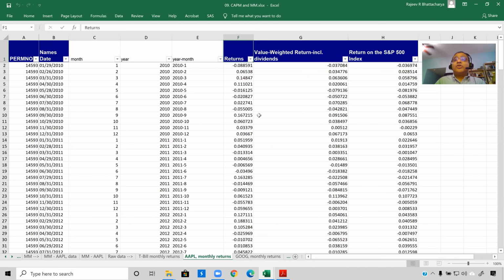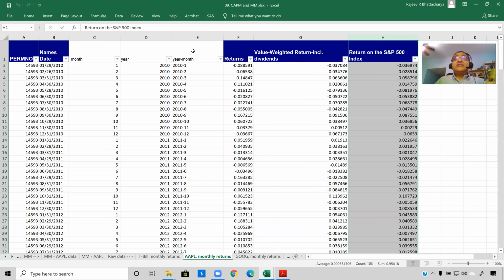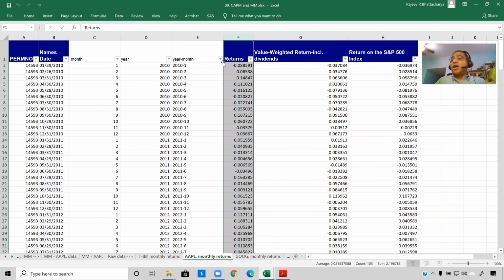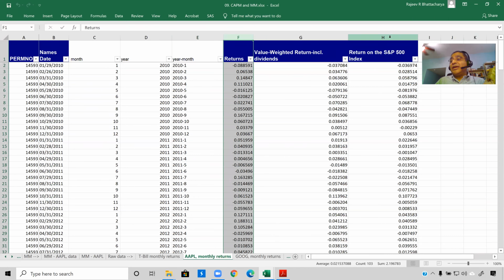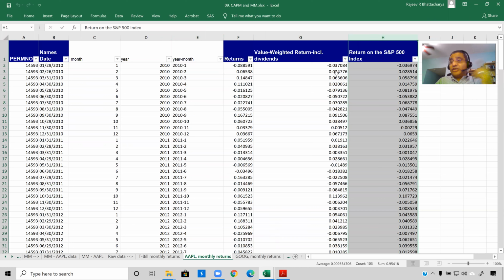You have to give it the number in terms of first column, second column, third column, fourth column, and so on. So in this case, for Apple's monthly returns, you need column number 2. If you wanted the S&P 500 return, you would get column number 4. You have to keep track of that.